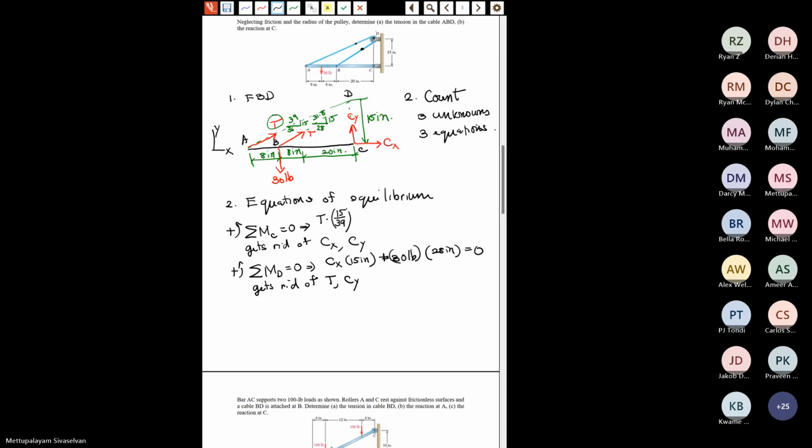Times the distance, 36 inches. And that's clockwise, so minus. And then minus this other T now: T times 15 over 31.8 times 28 inches. And then plus 30 pounds times 28 inches equals 0. So the only unknown in that equation is T, and we can solve.